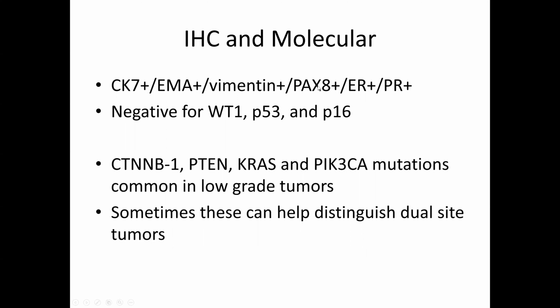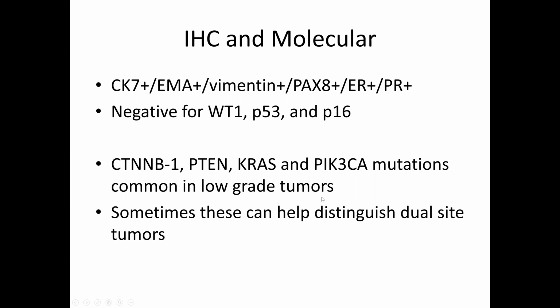And then other markers like PAX8 can be helpful if your differential includes non-gynecologic neoplasms or non-epithelial gynecologic neoplasms. These will typically be negative for WT1, be wild type p53, and have a splotchy or scattered staining only with p16 rather than the block-like staining of high-grade serous carcinomas.